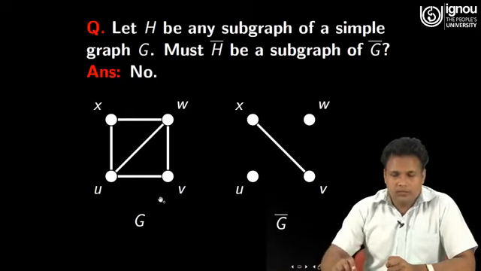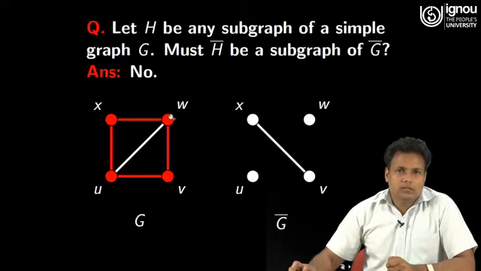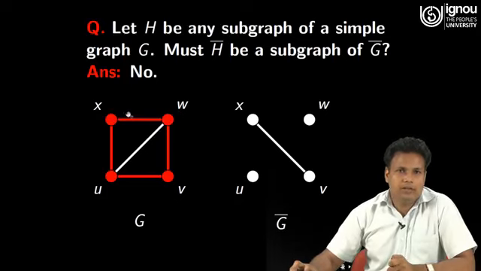Now, let us look at some subgraph H of G shown in red vertices and red edges. Just look at the pair U and W. U and W are not adjacent in this graph, right? And hence, they must be adjacent in the complement of this graph.